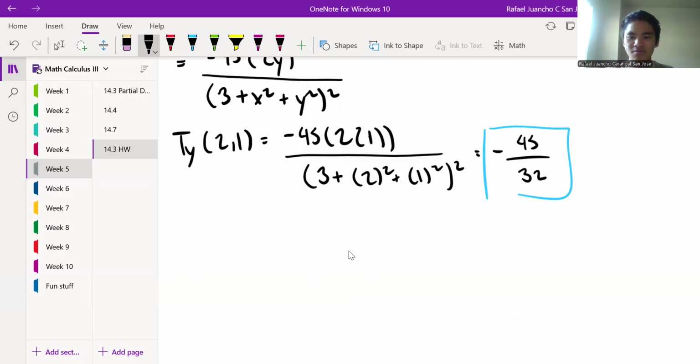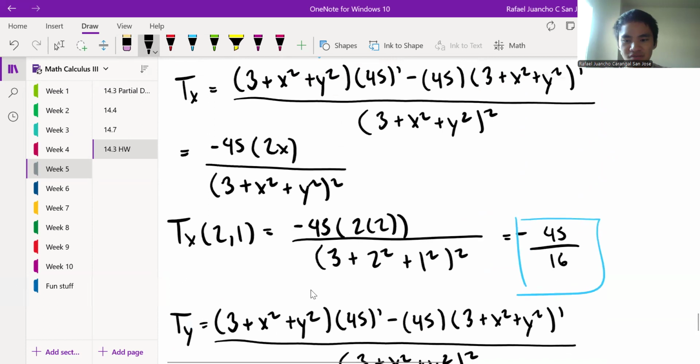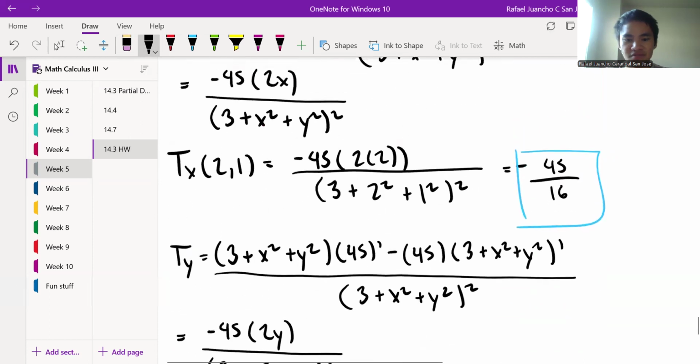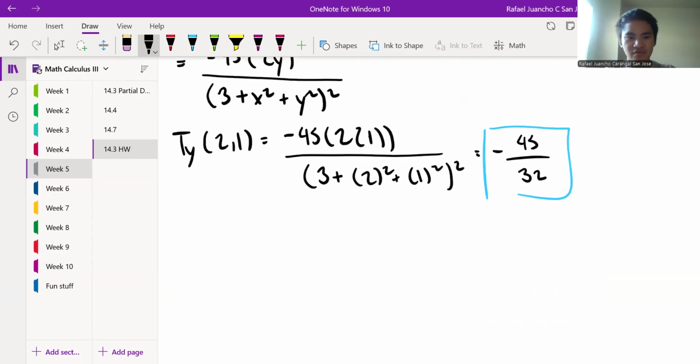Okay, there you go. And then that's it. Celsius per meter. Sure. I'm gonna enter a fraction here. So the first one was negative 45 over 16, and then the second one was negative 45 over 32.